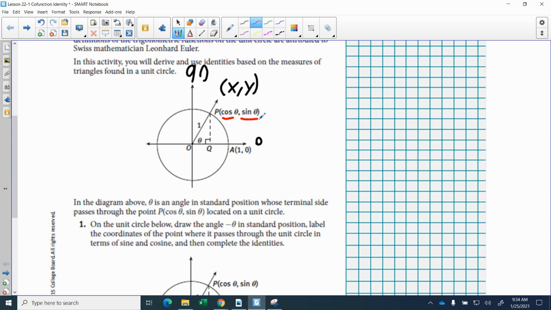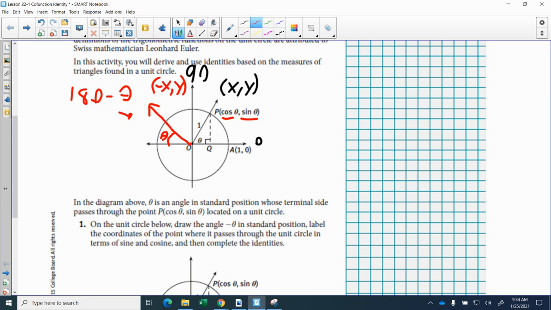Versus if you were to flip this and go into this region, which is 180 minus that reference angle, now we want to talk about how that affects your graph. This would be your line now at this point, and your reference angle would be in here. In that region, you would have a negative x and a positive y.